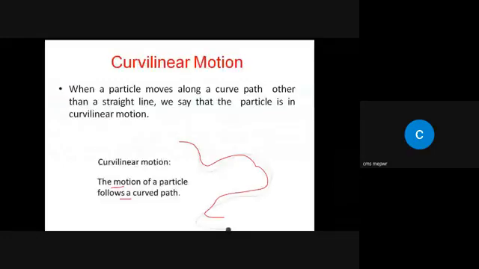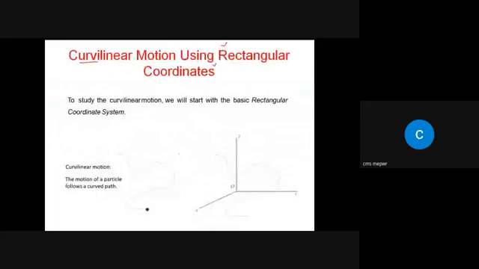Okay, so as we have this curve, this curvilinear motion, let's say we are using the Cartesian or rectangular coordinate system. So let's draw our x, y, and z.